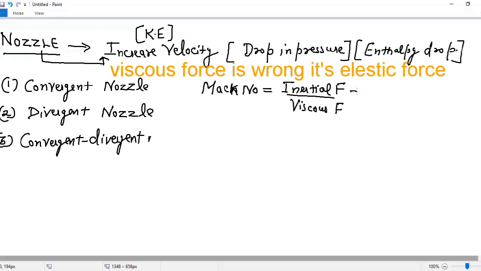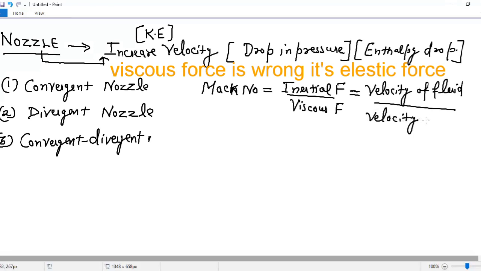But before that, in simple language, the Mach number is simply the velocity of the fluid flowing through the nozzle upon the velocity of sound. Simple.